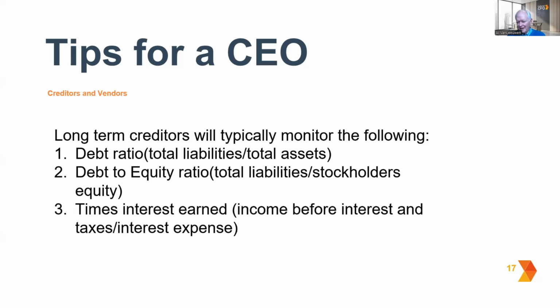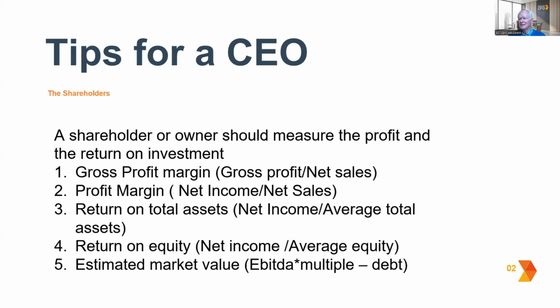And as a final point of what you should be looking at with regards to what you're doing would be shareholder return. What you want to measure as a shareholder or an owner or a chief executive should be the return on investment.